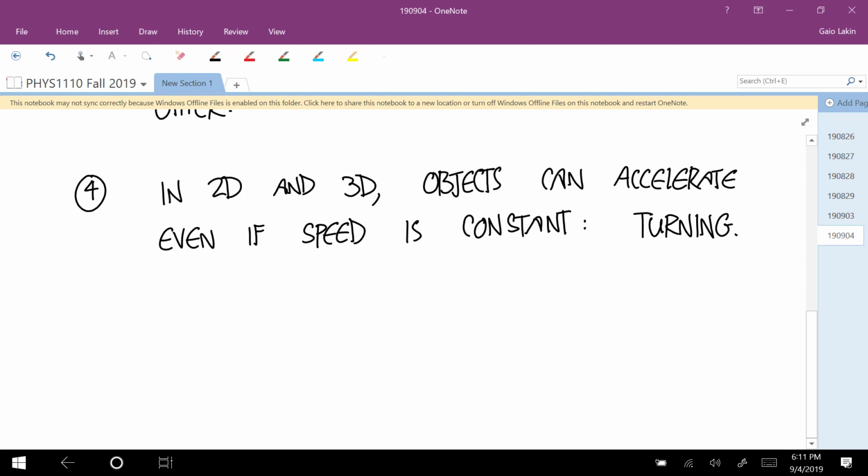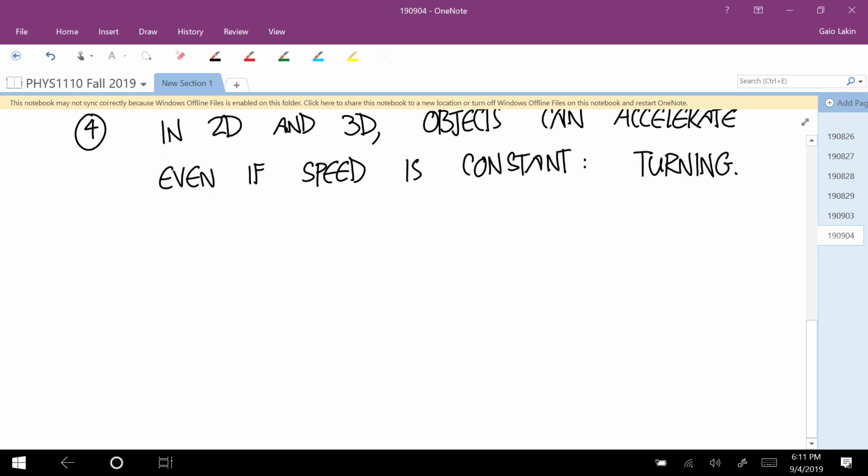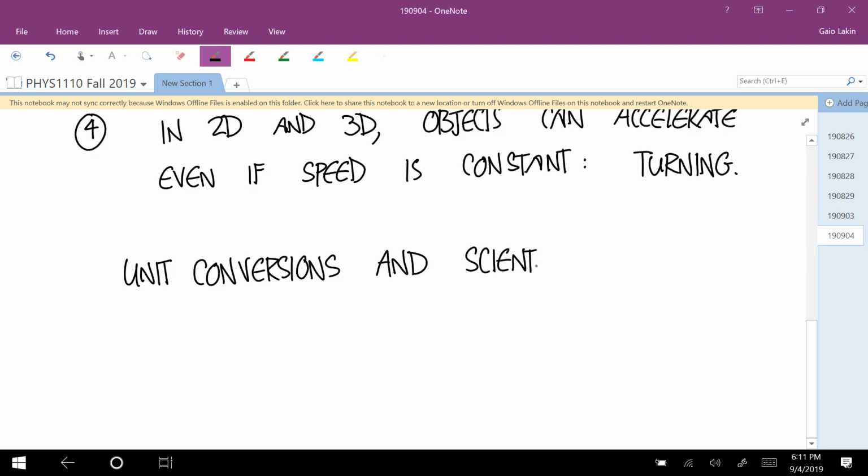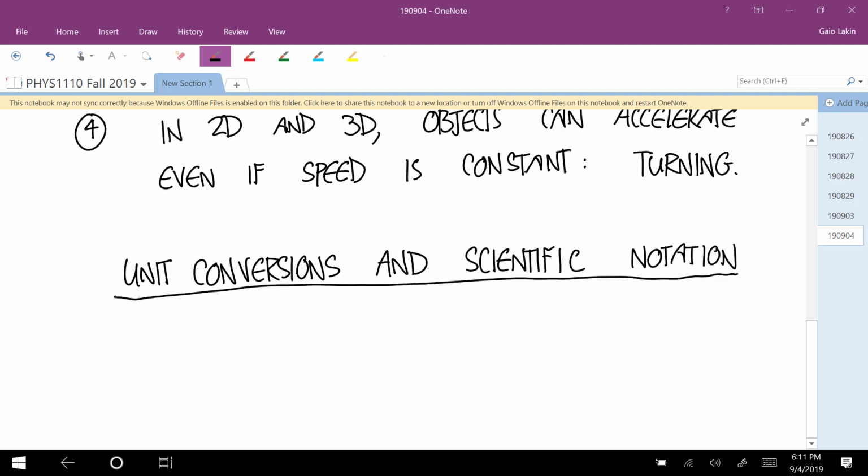All right, so let's go on to units and unit conversions, and scientific notation. This is the stuff we need to discuss so that you can do the problems that I listed as an assignment on D2L.